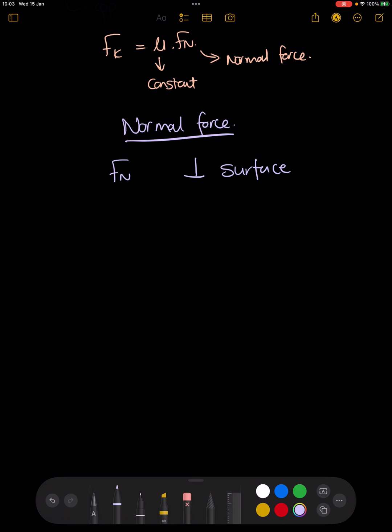What that means is, if my block is on a surface with no inclination, just straight on the surface, my Fg is always straight down to the center of the earth, and my normal force is always perpendicular. So my normal force is going to be upwards over here. It's perpendicular to the surface.